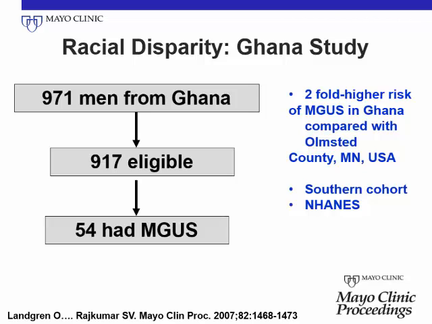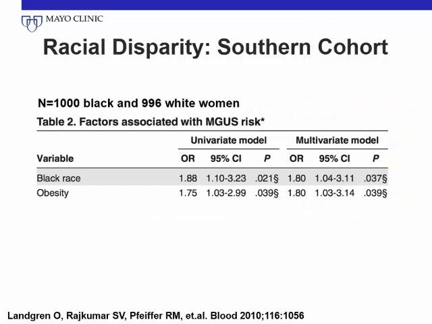But it still could be that there are social environmental factors, because maybe the socioeconomic status is in some way not adjusted for. So the next study we did was in a southern cohort. This is called the poor patient study. It's 1,000 white women and 1,000 African-American women in the South who are of similar socioeconomic status.